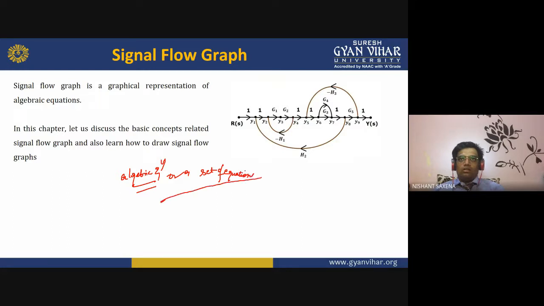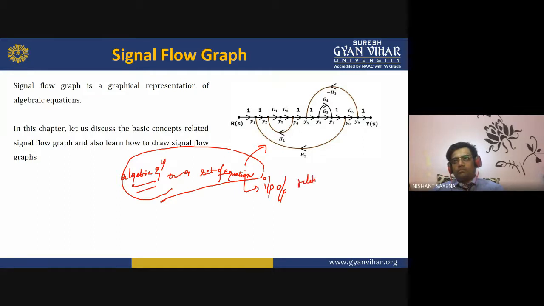Then we can convert the set of equations into a graphical representation, like in this way, as we have shown you in the example. These sets of equations define the input-output relationships of the system.